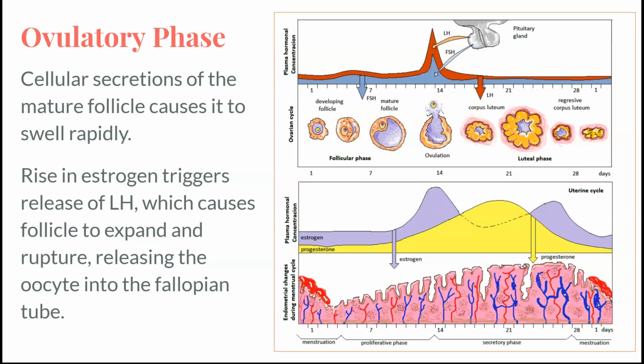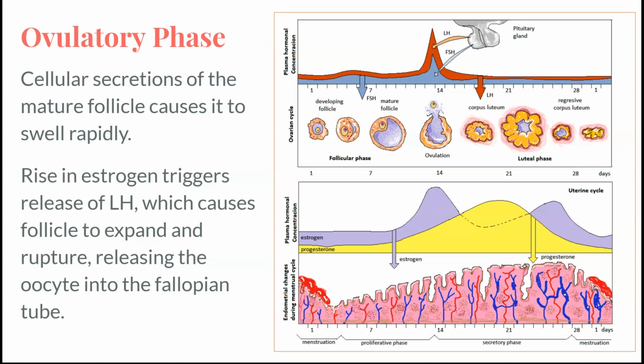So luteinizing hormone and follicle-stimulating hormone come from the pituitary gland, okay? While estrogen and progesterone come from the ovaries themselves. If a woman is pregnant, the placenta also generates hormones, primarily progesterone.